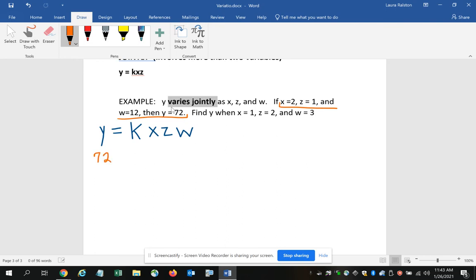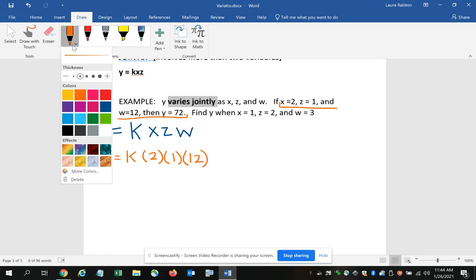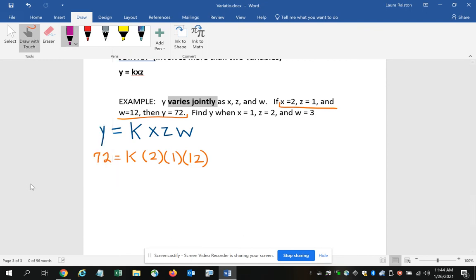Y is 72, k, x is 2, z is 1, w is 12. So if I do the math, I have 72 equals k times 2 times 1, which is 2, times 12 is 24. So I have k times 24.